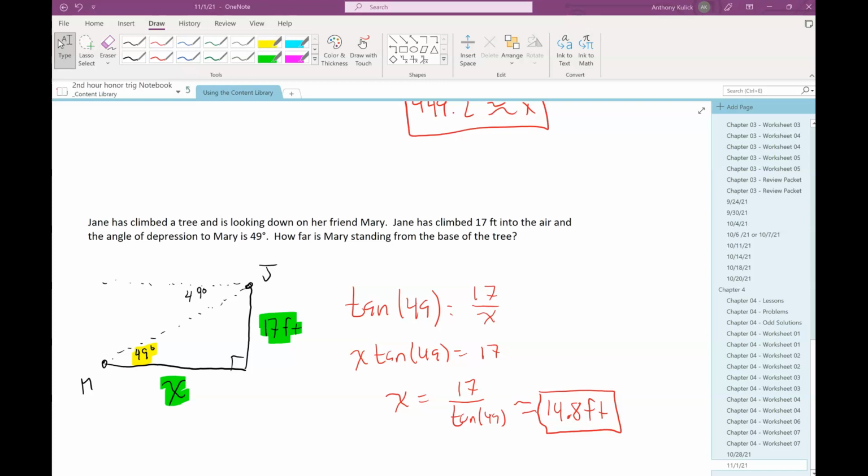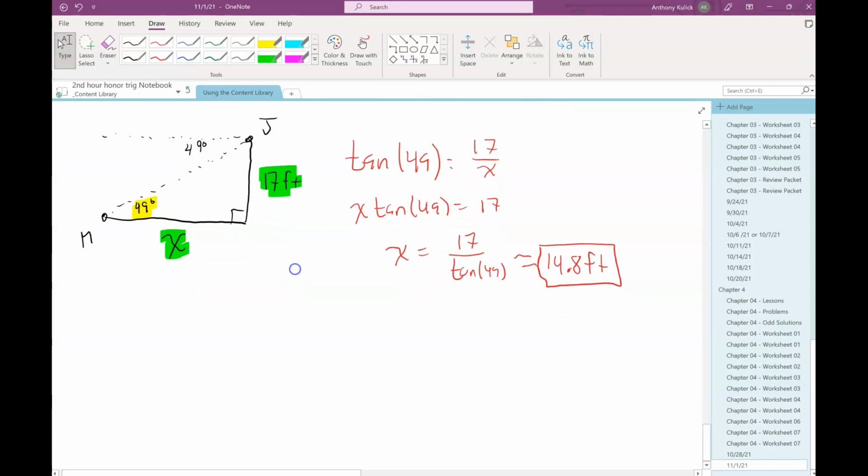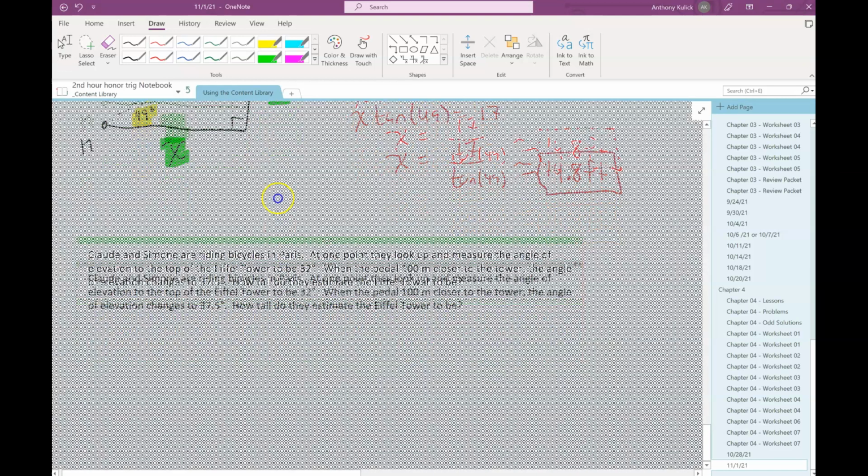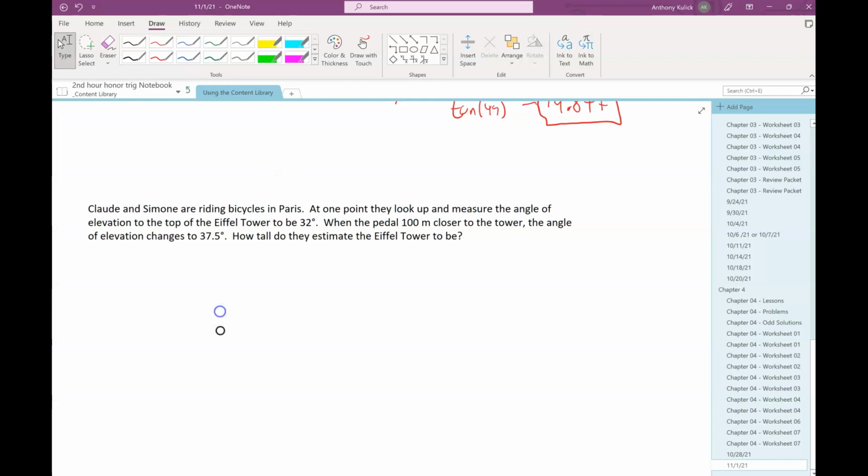Okay. One more example. This one is the most challenging of the three examples by quite a bit. Says Claude and Simone are riding bikes in Paris. How romantic. At one point, they look up and measure the angle of elevation to the top of the Eiffel Tower to be 32 degrees.